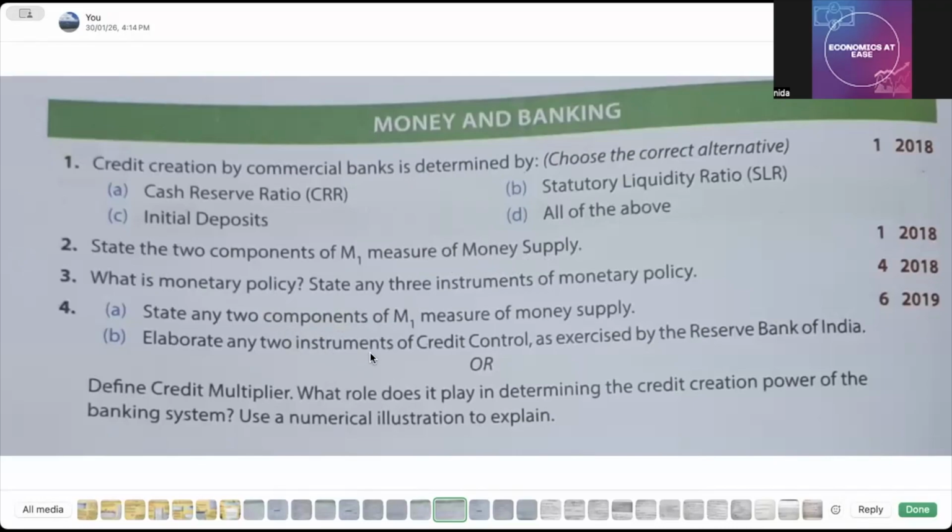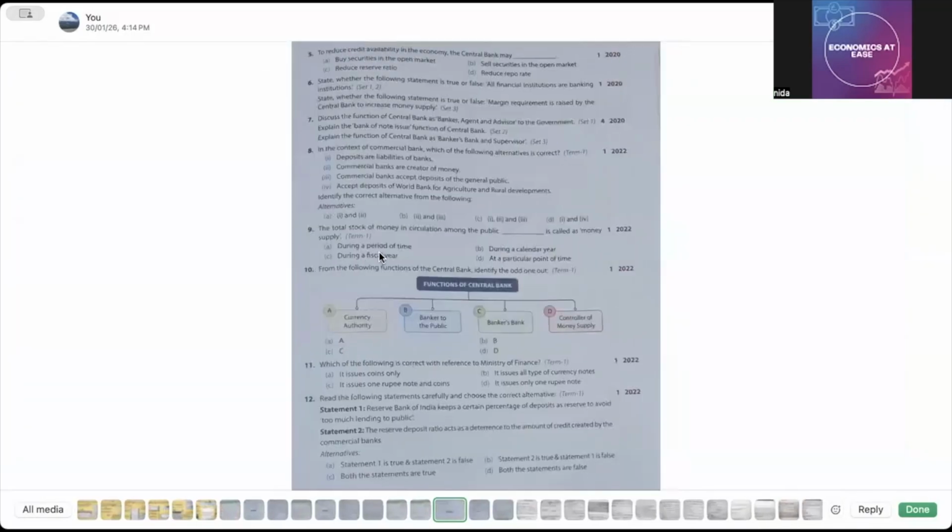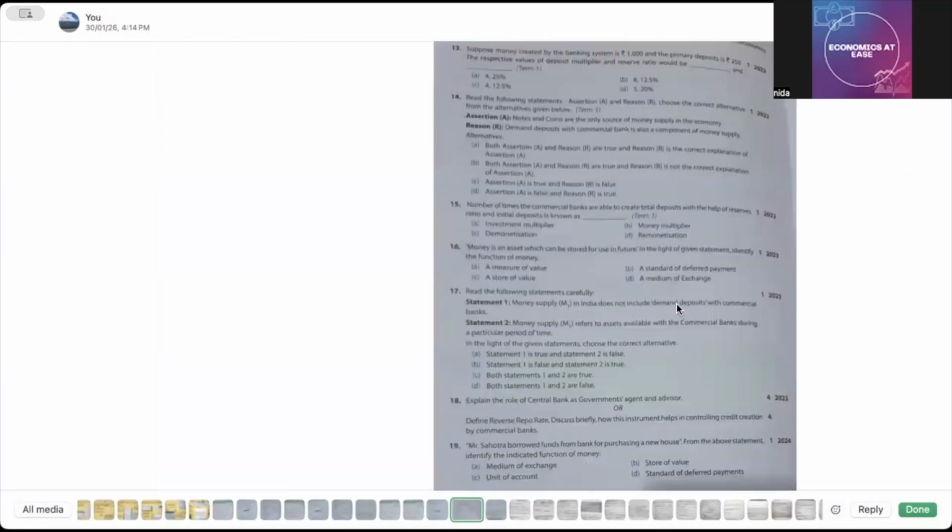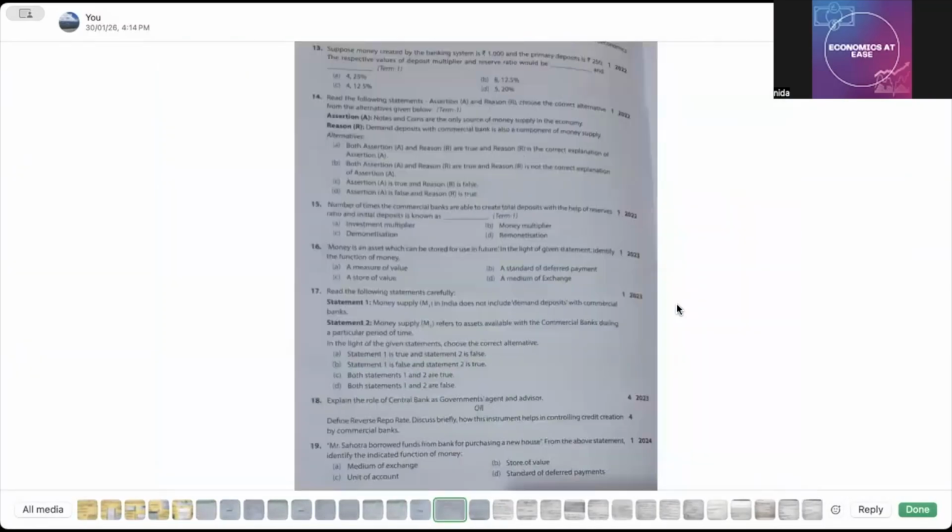At the back, after the questions have been given to you, the answer key is also being provided in the same video. So you can take the screenshot. Fine. There are almost 21 questions here from the chapter Money and Banking. Yes, 21 questions.